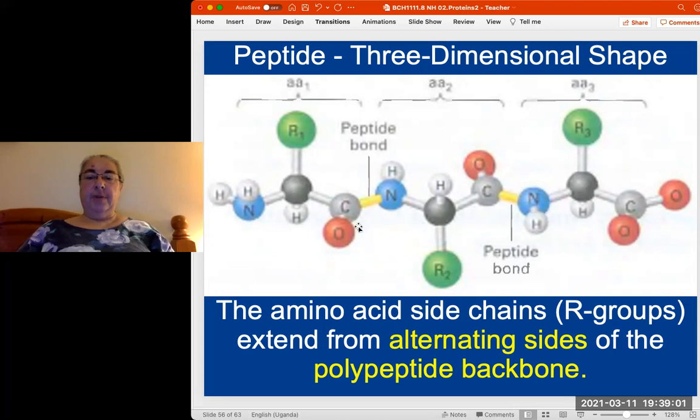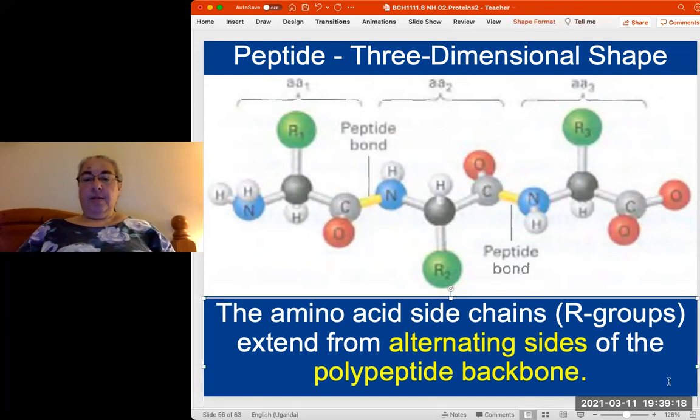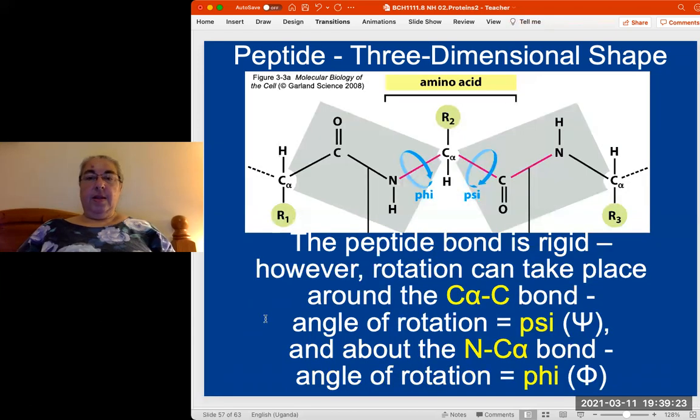And the peptide bond here and the other atoms involved in forming the peptide bond, you can see that it's quite flat. This bit's coming towards you, that bit's going behind, but it's quite a flat structure. Here's another diagram again, shown as a grey rectangle joined at the corner where the alpha carbon is.